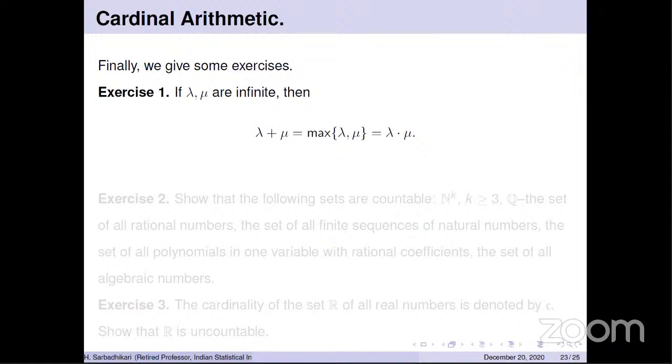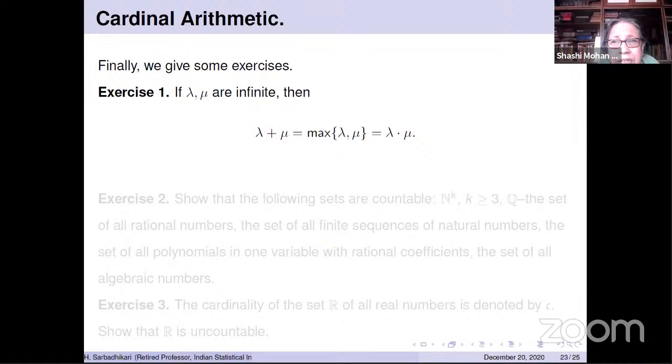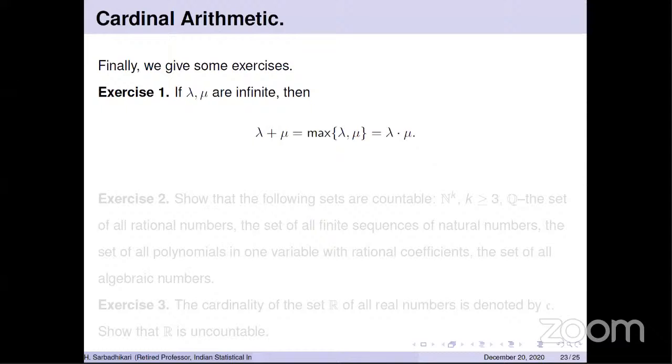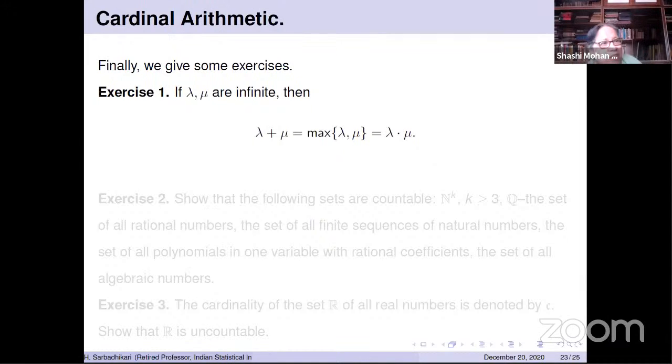Hello, ma'am. Yes? Can you define functions on these cardinals like you define functions on the natural numbers? Yes, you can define functions. How do you mean? On all cardinals? Yeah, on all cardinals. Well, okay, you can define them, but it does not form a set.